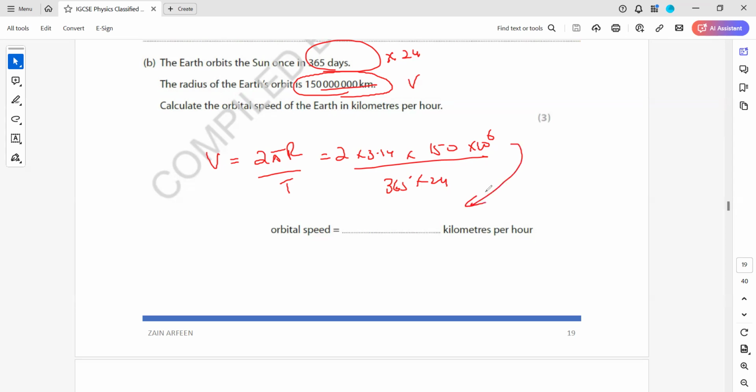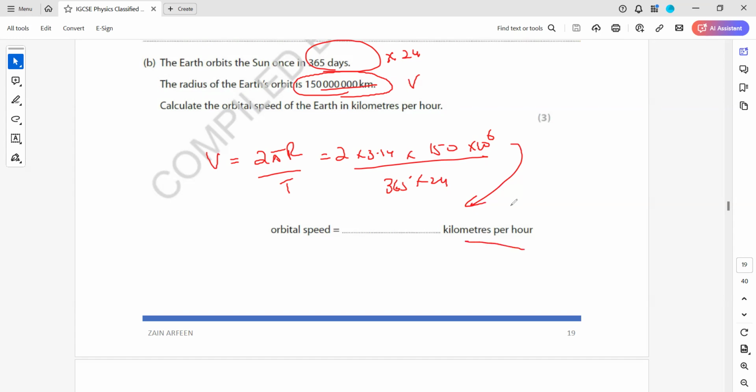What's the answer for the orbital speed of the Earth? Can you check? Because it should be around 30 kilometers per hour. Oh, no, it's 30 kilometers per second.